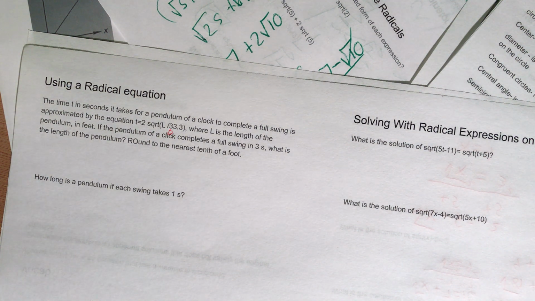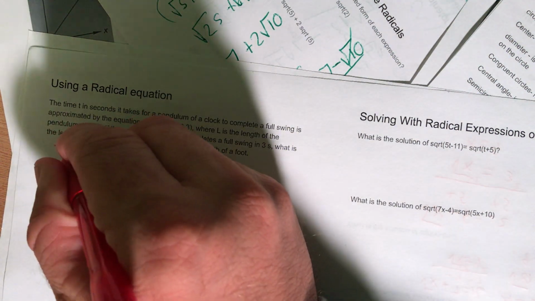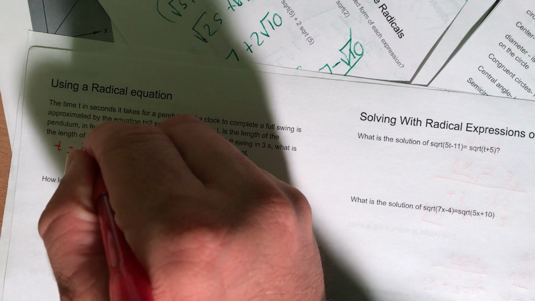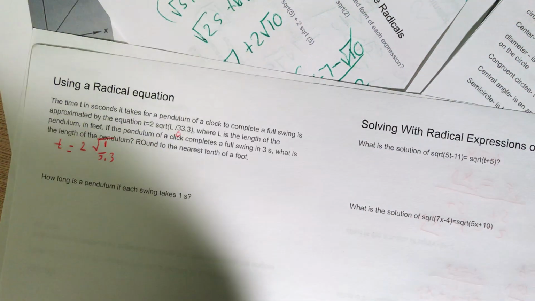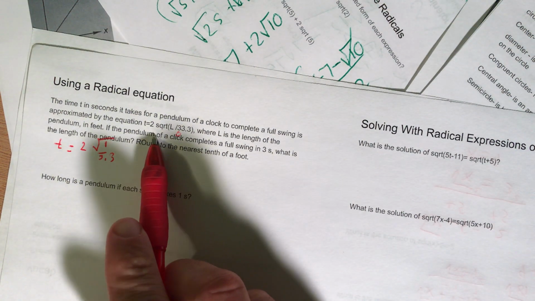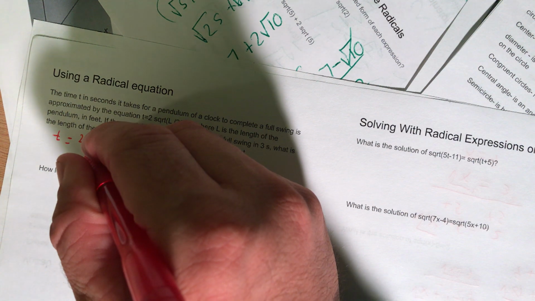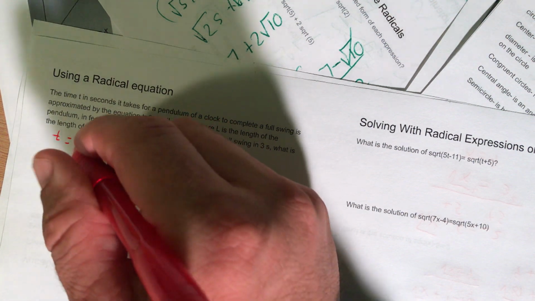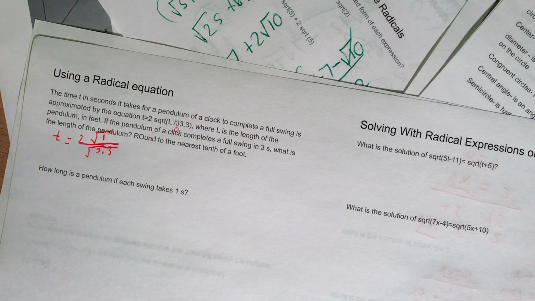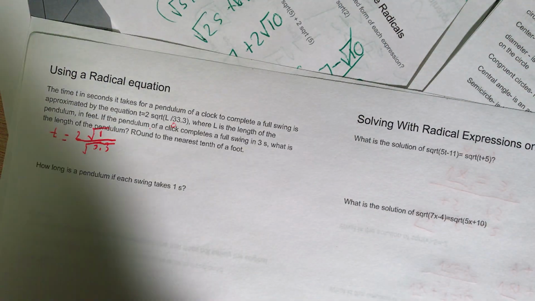Well, going back to our original equation, t equals 2 square root of L over 3.3. And all of this is under the square root. Now it tells us that this t is going to be 3 seconds in this case.